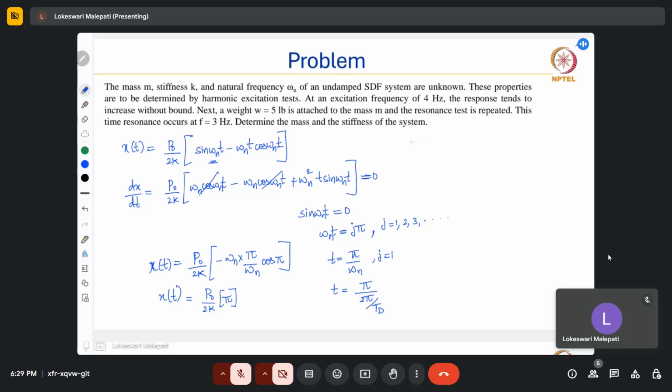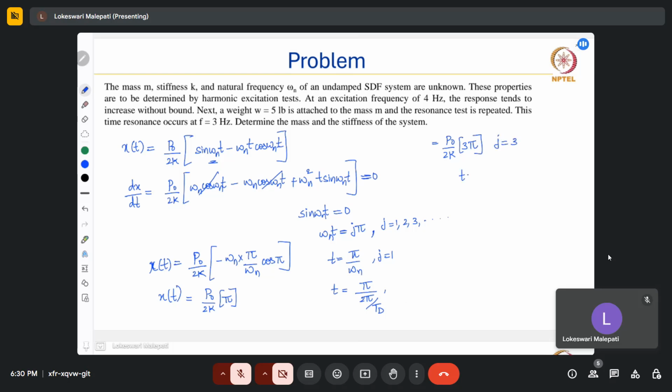And if we substitute 3 pi, then x of t will be p naught by 2k times 3 pi. So this is at j is equal to 3.